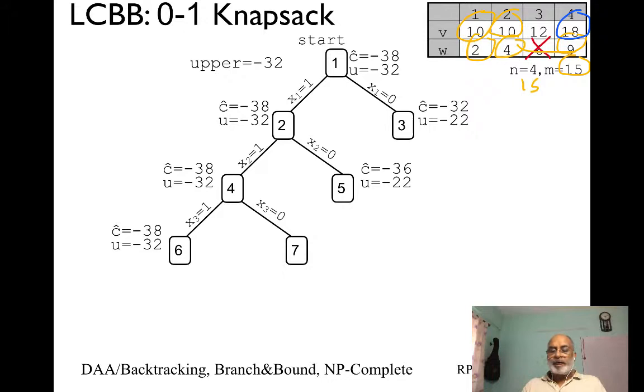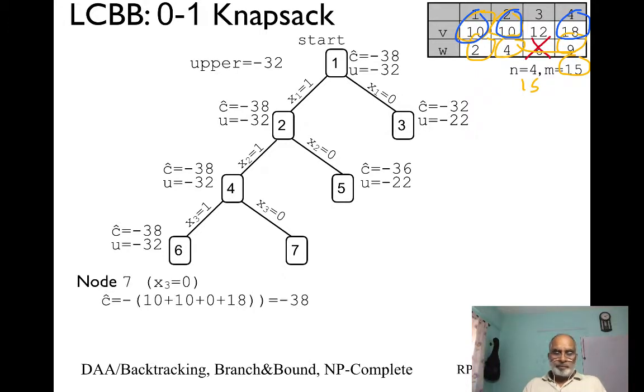So my cost becomes 10 plus 10 plus 18, which is the case before. But my upper bound also becomes, because I'm not including the weight third, 10 plus 10 plus 18, which is minus 38.